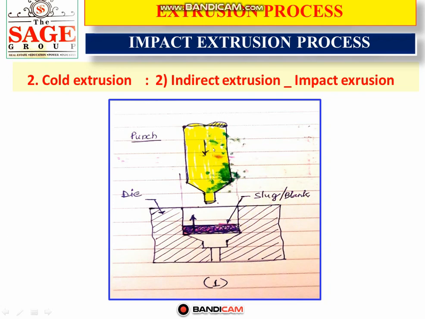This is the punch that will move in the downward direction and impact this slug or blank. The impact extrusion process is used to make tube-shaped products.